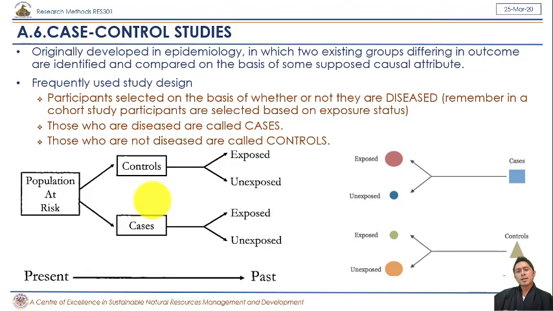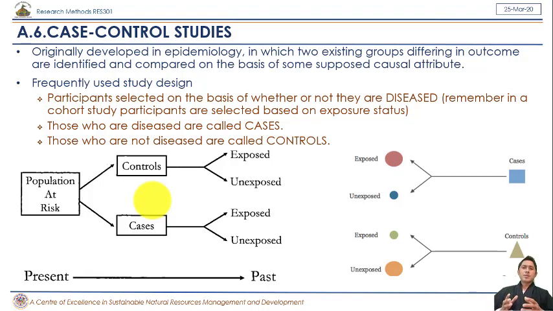So we are basically targeting these two groups to understand the exposure, to understand the actual cause that made the common flu infect this group of people under the case.